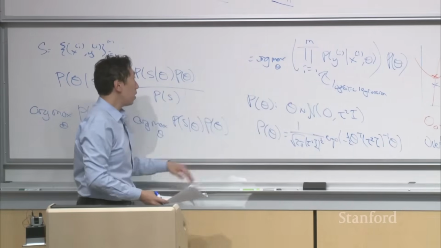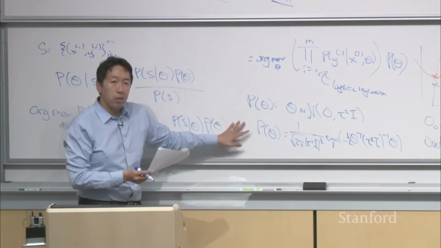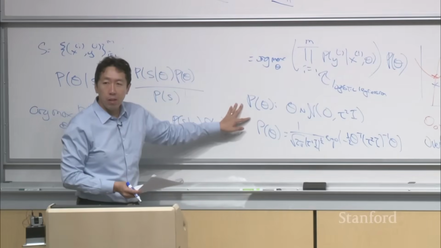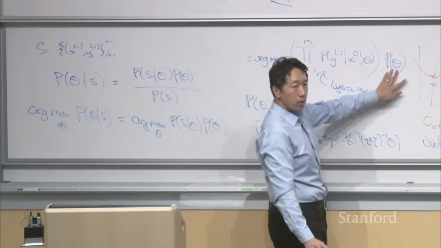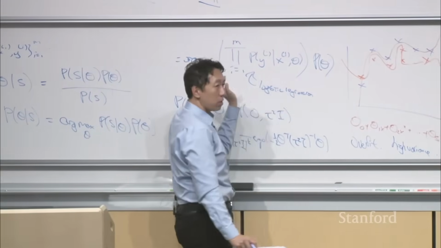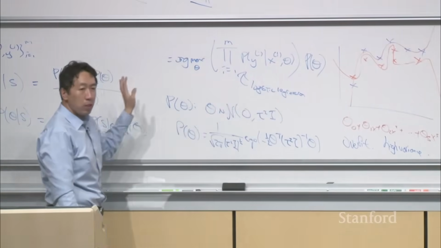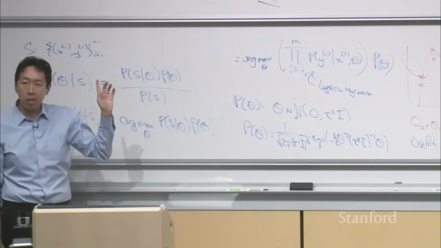If this is your prior distribution for theta, and you plug this in here, take logs, compute the max, and so on, then you end up with exactly the regularization technique that we found just now.